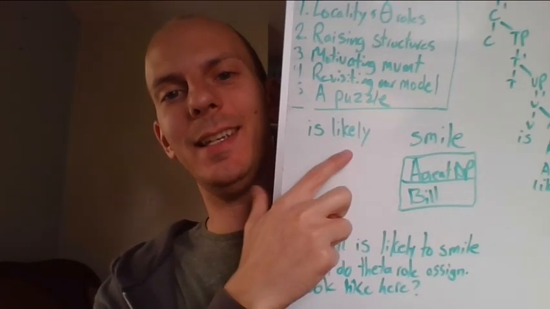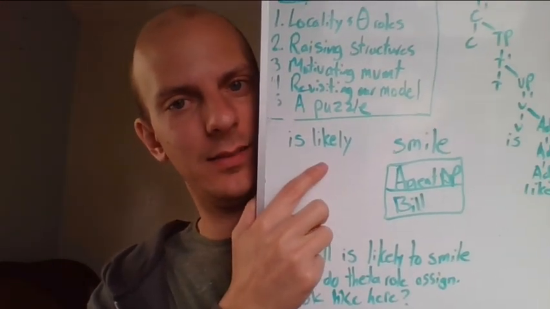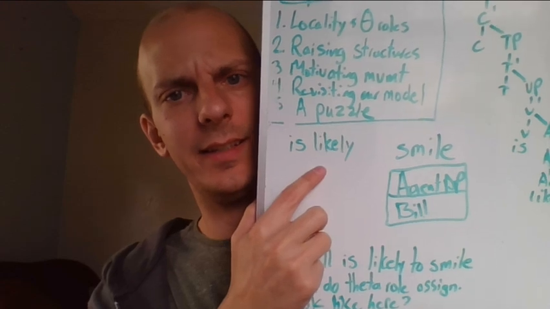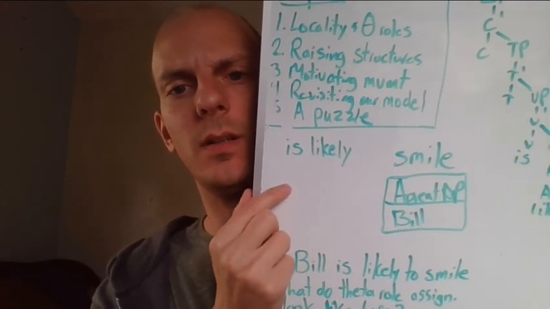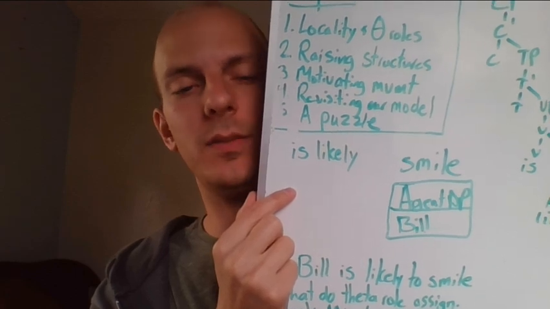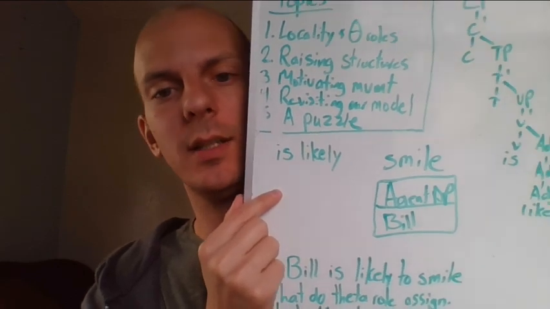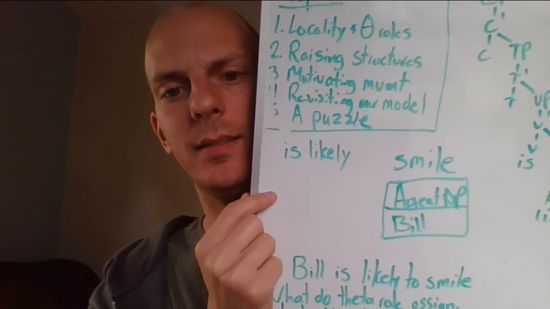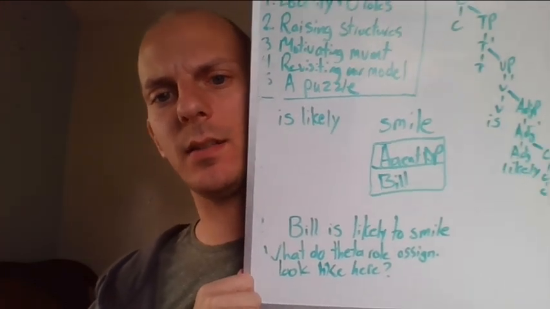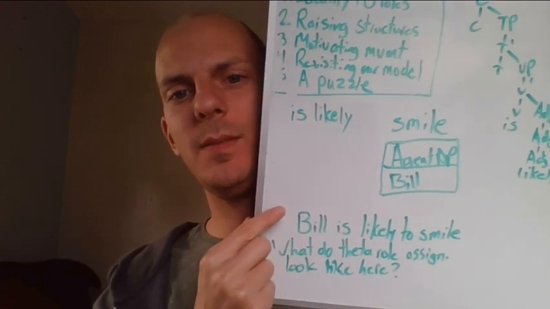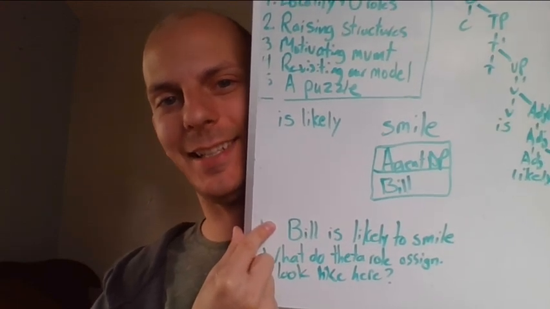What is likely? What's likely here, right? So is likely is going to assign some sort of theta role, at least one, maybe two, maybe three. What is likely in this scenario? Think about that for a second. Is Bill likely?